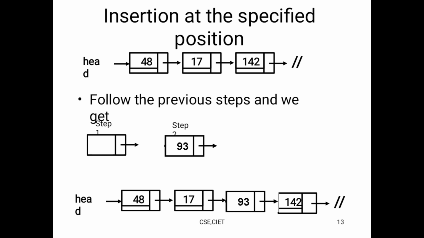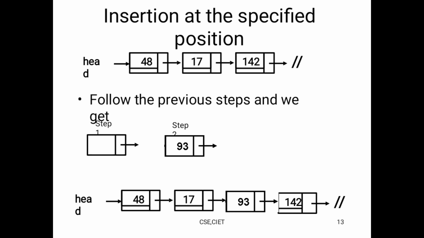So for that, whatever information is stored, the address is stored in the next field, that information will be stored in the pointer, and after that the node will be inserted. And here, after the node is inserted in the specific position, we have to adjust the pointer.